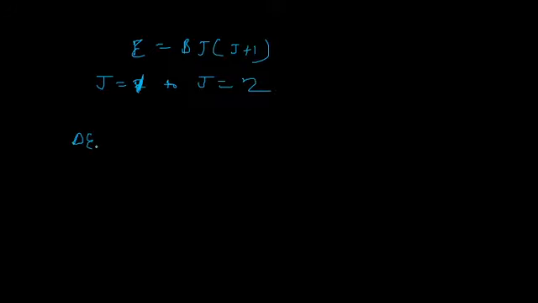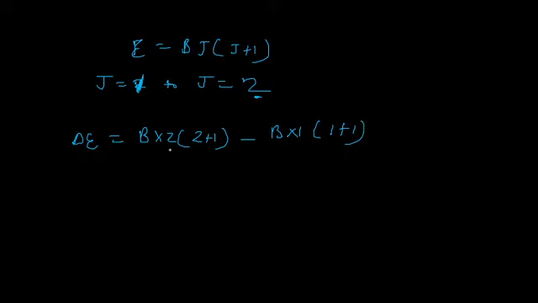How do we get this? Here E is equal to BJ(J plus 1), and our transition is from J equals 1 to J equals 2. That's why we put in the values: delta E is equal to B, with J having the higher energy level 2, that means B into 2 plus 1, minus B into 1 into 1 plus 1.